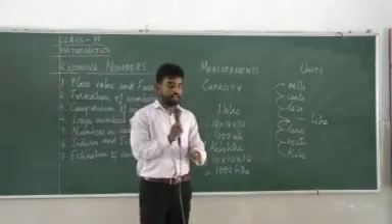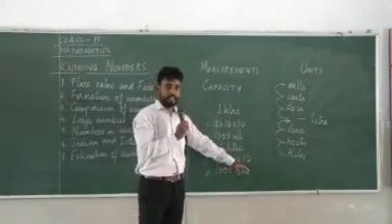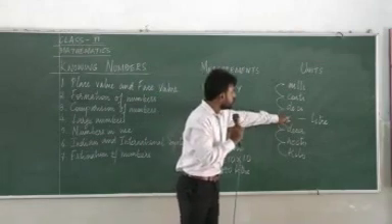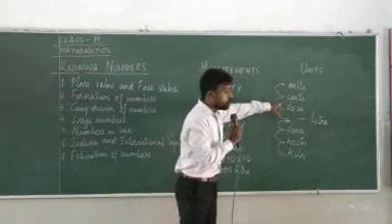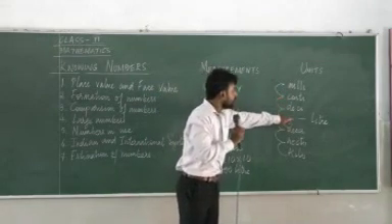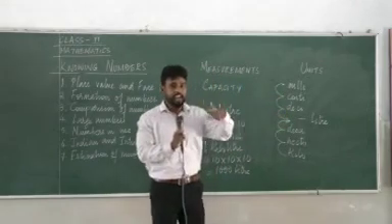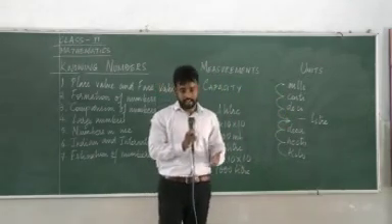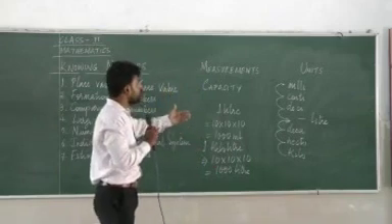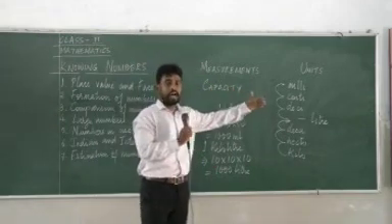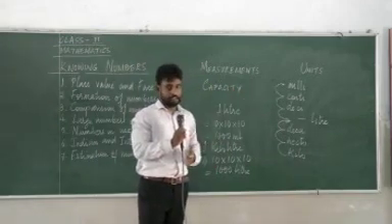So 1 kiloliter is equal to 1000 liter. Similarly, if you want to change liter into centiliter, it goes 2 places. So 1 liter will be equal to 10 into 10, that is 100 centiliter. So this is how we use measurements and the conversion of their units.